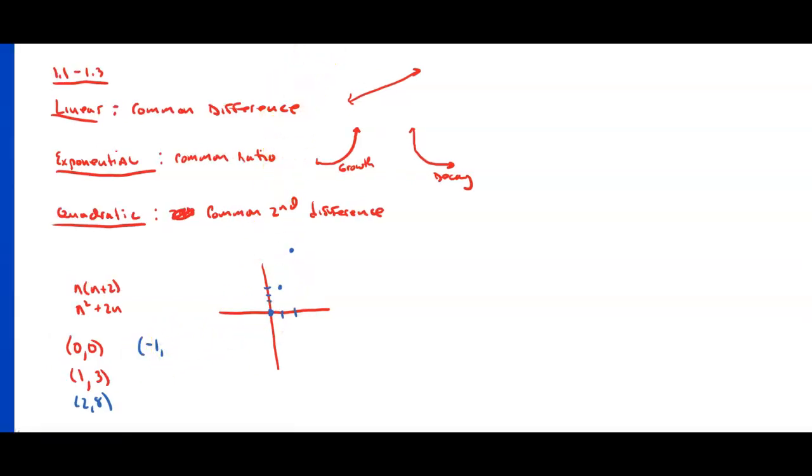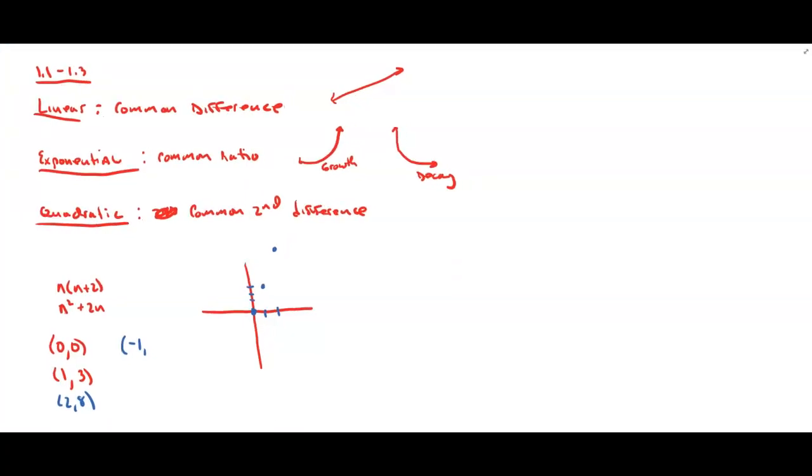So now if we go the other way though, if x is negative 1, negative 1 squared is 1. 2 times negative 1 is negative 2. 1 plus negative 2 is negative 1. So negative 1, negative 1. Let's go to negative 2.